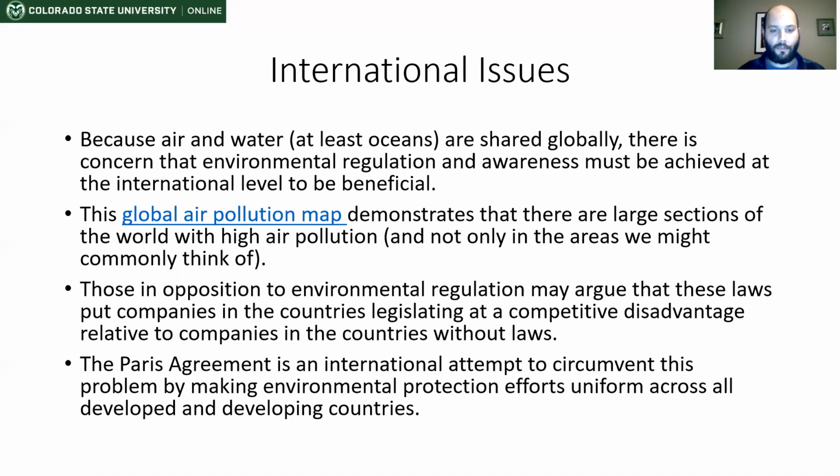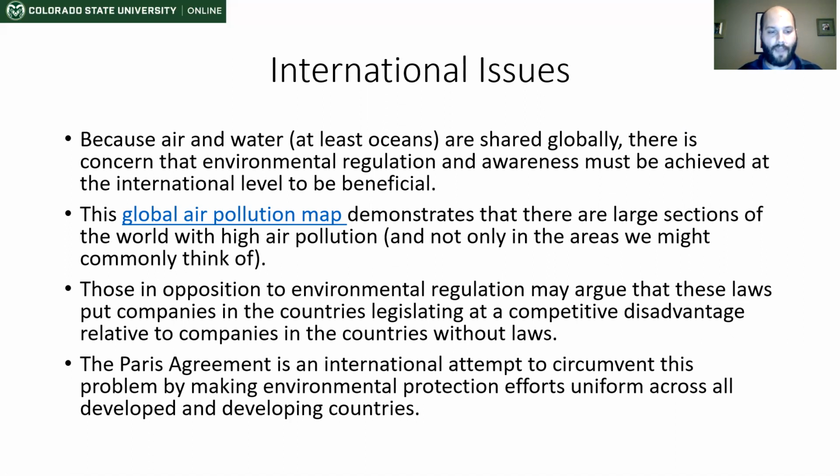Those generally in opposition to environmental regulation might argue that the laws put companies in the countries legislating at a disadvantage. So you hear that a lot in American business, right? If we have to adhere to these environmental standards, then international companies will dominate the market, or there will be incentive for companies to move out of the countries with laws and into countries that don't have the laws.